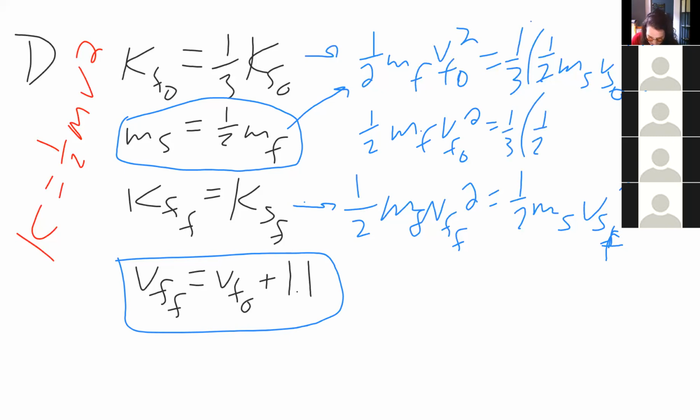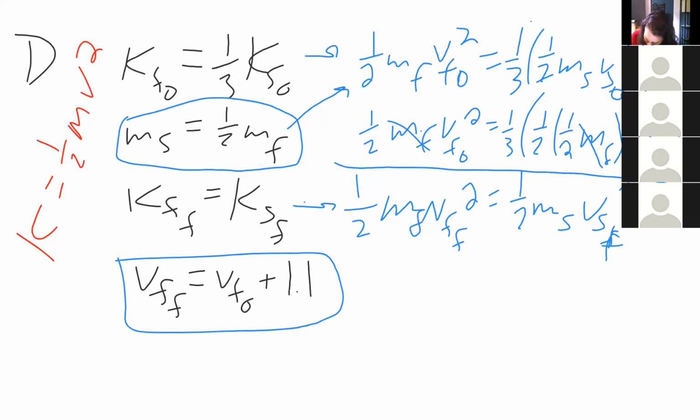And then for the mass of the son, we're going to substitute in 1/2 the mass of the father. And then we have the velocity of the son initially, that will be squared. Quite a bit going on here. What we'll get now, if we cancel out the mass of the father, is a relationship about the initial velocities.